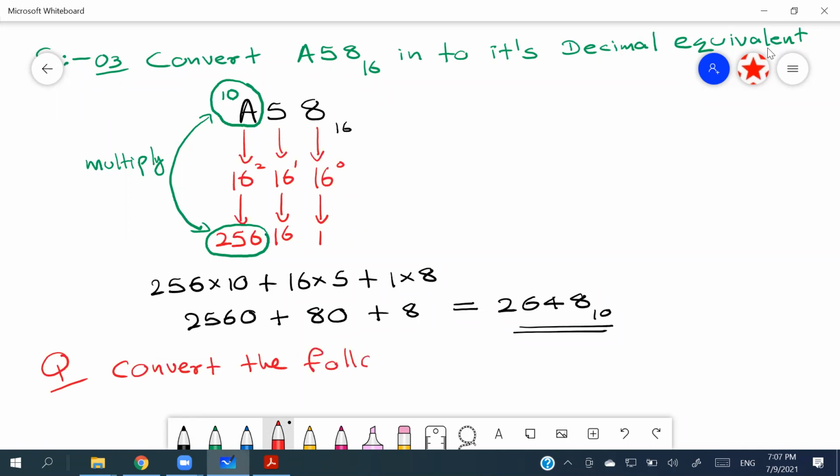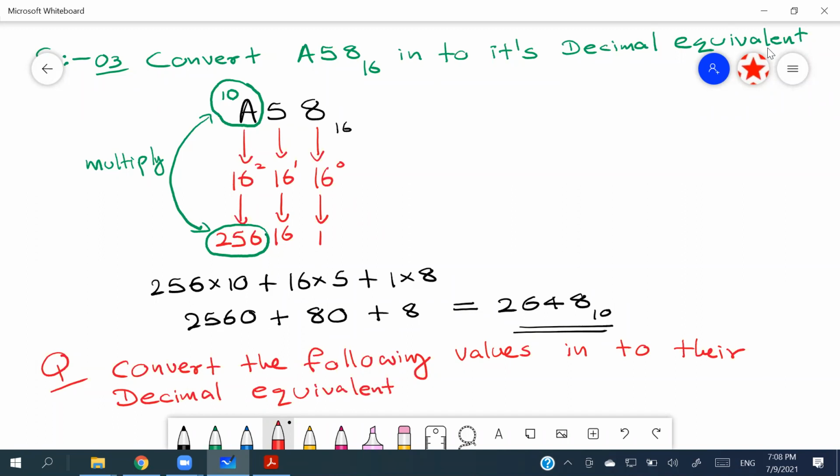Convert the following values into their decimal equivalent. Right. So here go the questions.